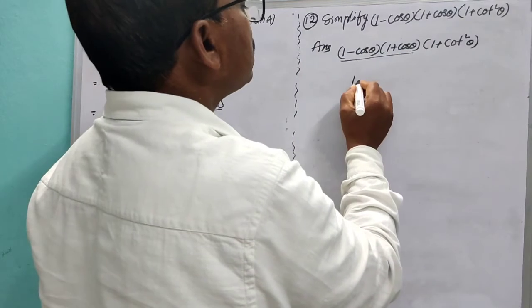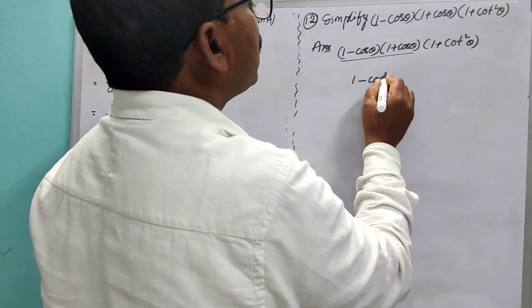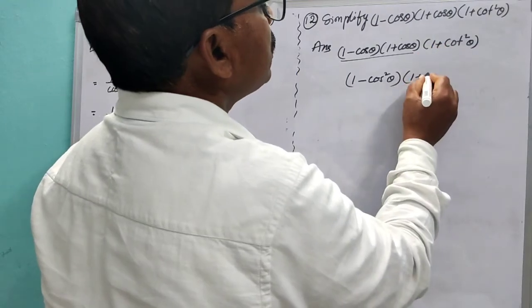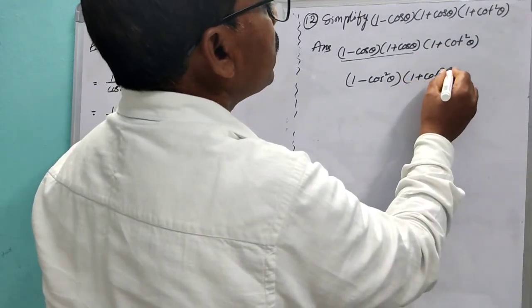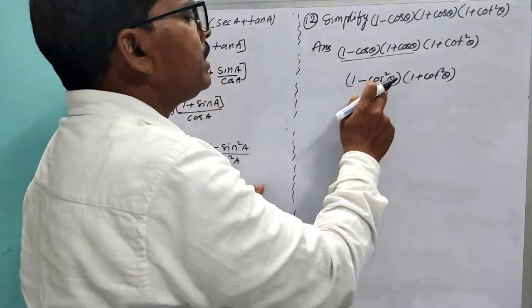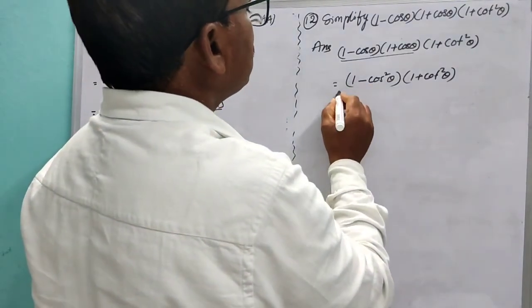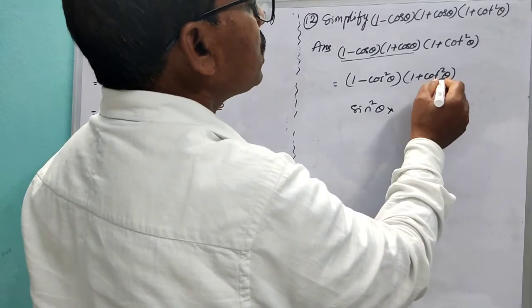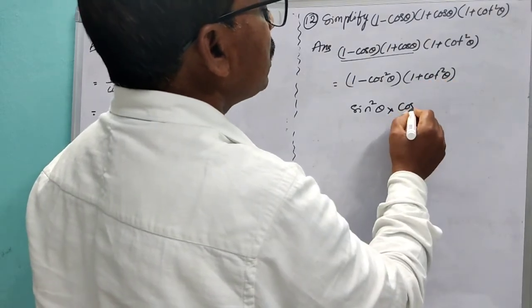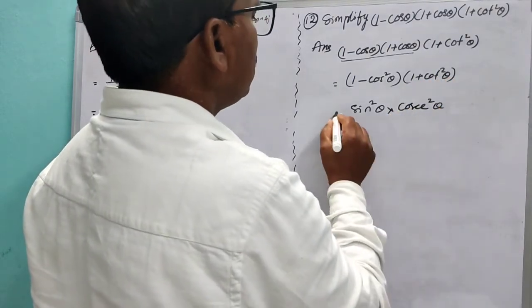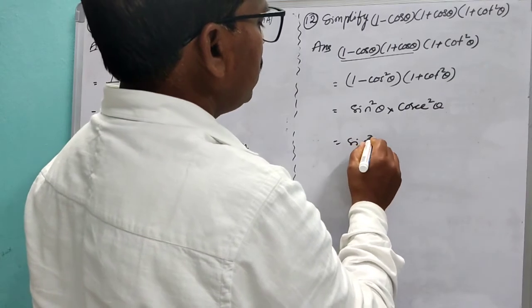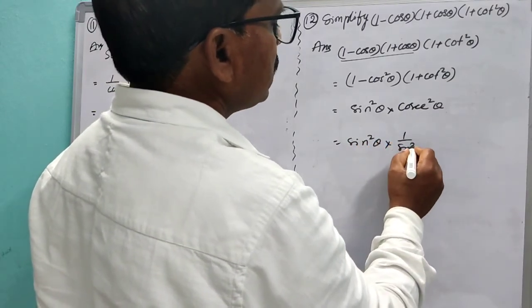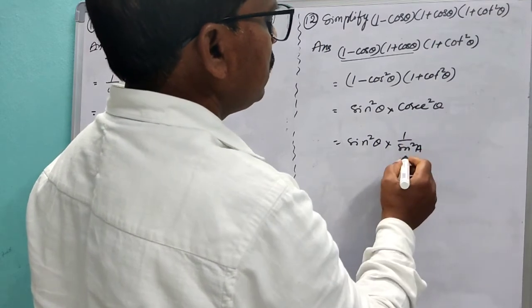So we can write this as 1 minus cos square theta, and this one as it is, 1 plus cot square theta. 1 minus cos square theta is equal to sin square theta, and 1 plus cot square theta is equal to cosec square theta, which is 1 by sin square theta.